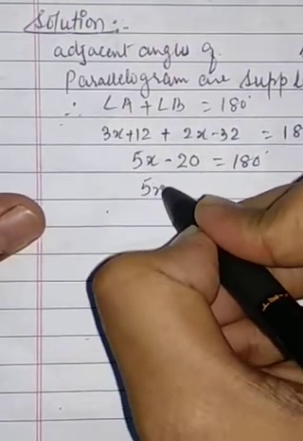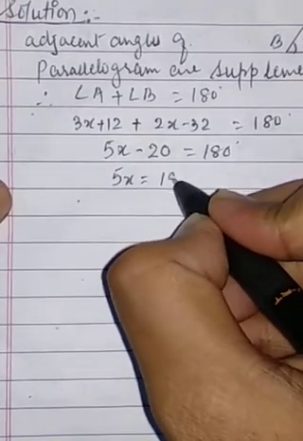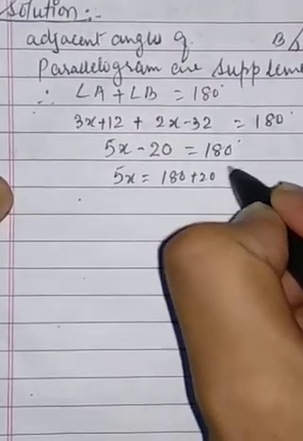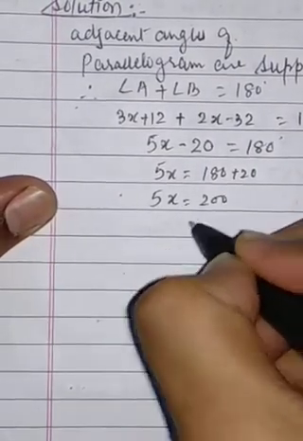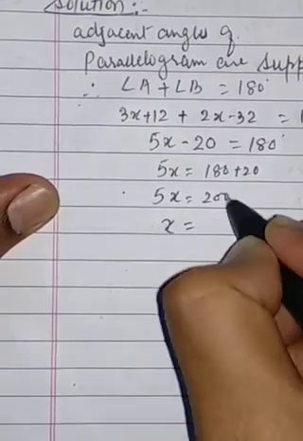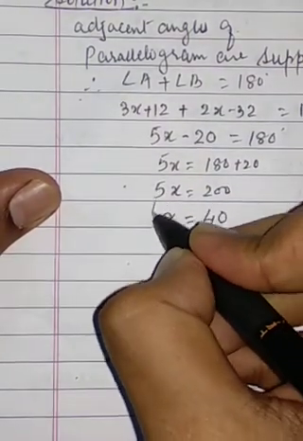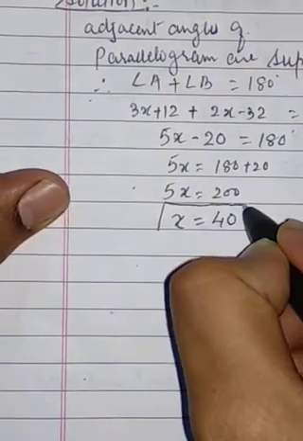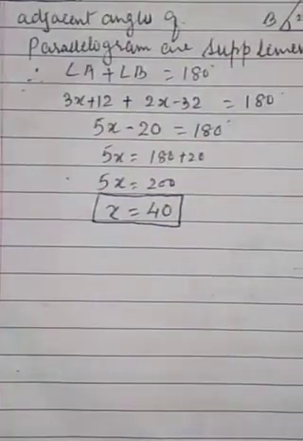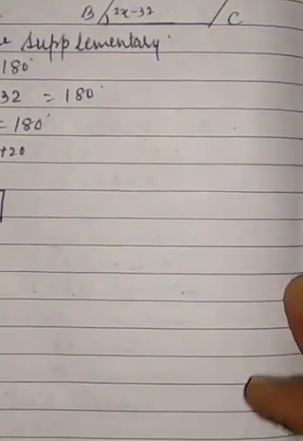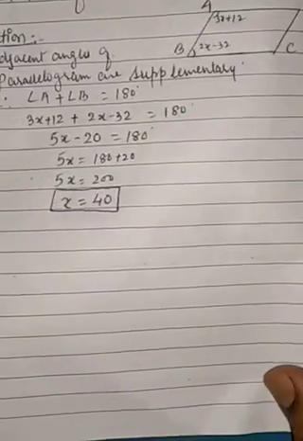So 5x is equal to, this minus 20 will come to this side, so it becomes 180 plus 20. 5x is equal to 200, and if we divide by 5, 5 4s are 20, 5 zeros are 0. So this was our first requirement, x is equal to 40. Okay, now using this data we can find angles A and B and henceforth C and D. Okay, so let's see.